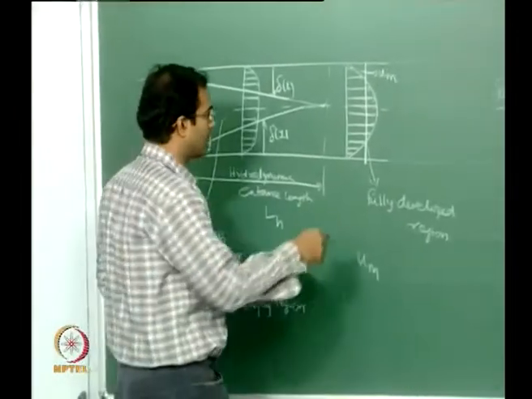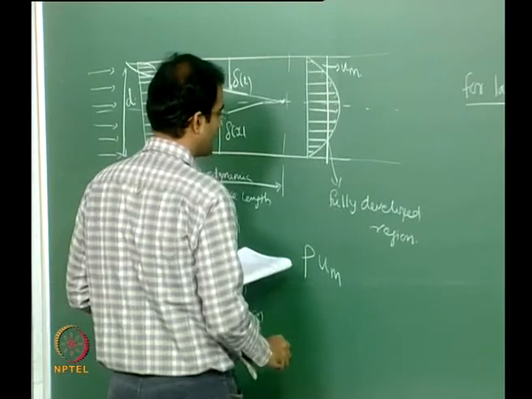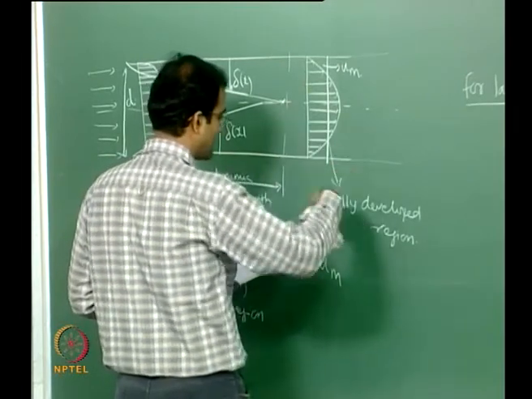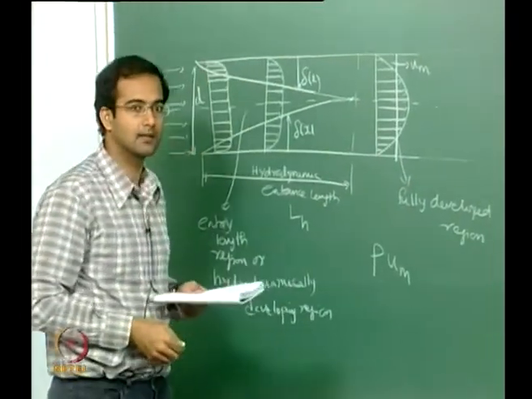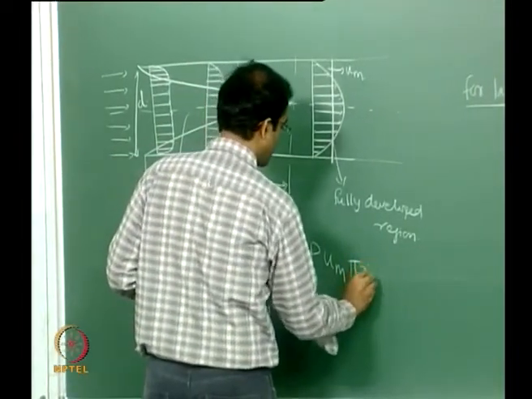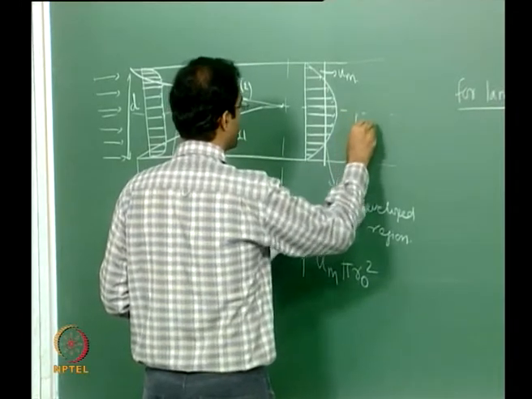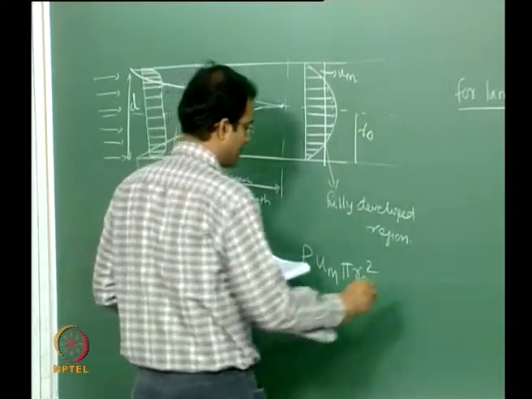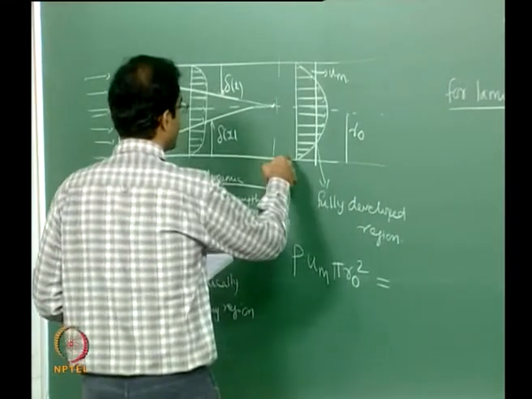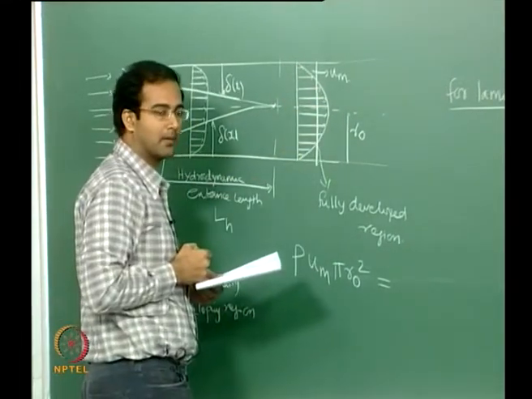Okay, so therefore the mass flow rate is defined by, let us say, rho into u_m into the area. For a circular duct, the area is pi into r naught square. Okay, where r naught is the radius of the duct.